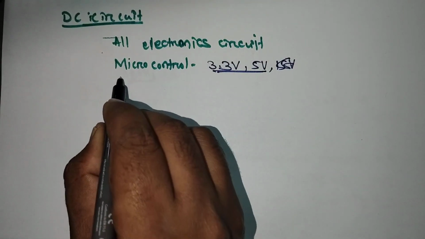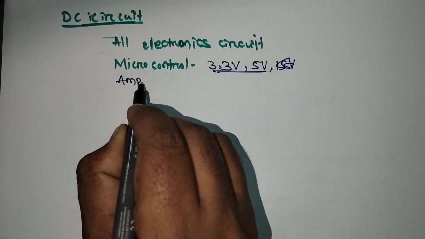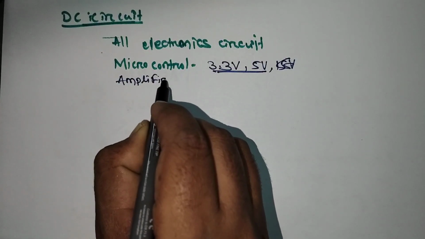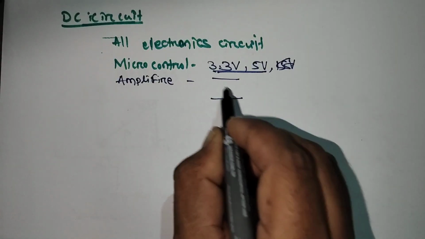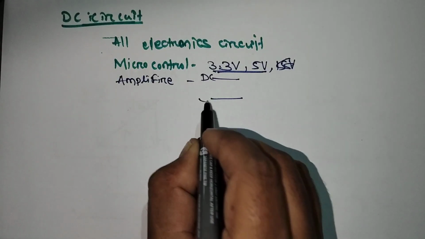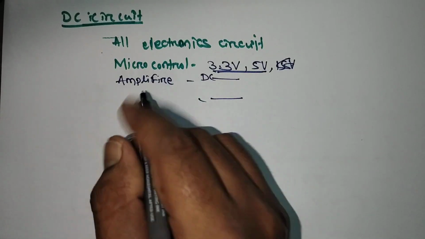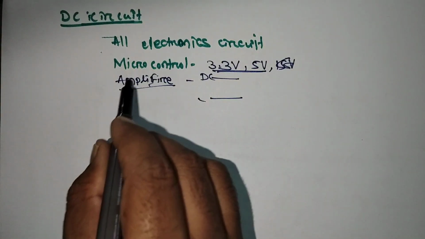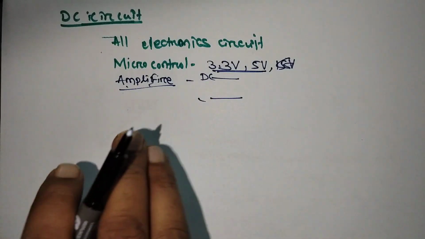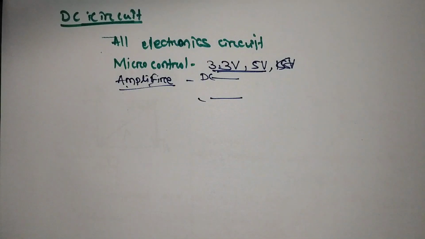In amplifier cases also, in a DC amplifier, for biasing we set a DC set point. Later we will discuss how DC is used in amplifiers, but now we are only discussing how a DC circuit works.